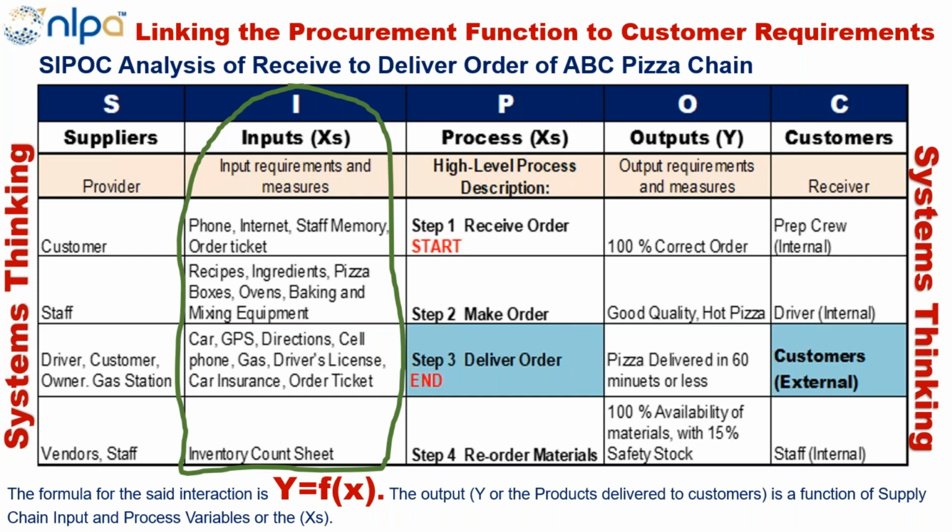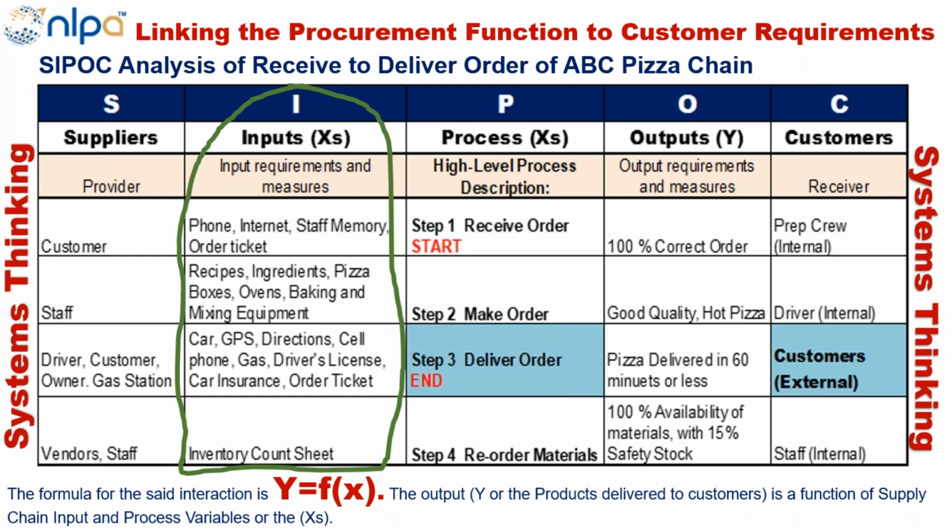The driver would supply and enable the logistics function, the delivery component, and of course, vendors or suppliers would deliver the critical inputs of ingredients, boxes, and other equipment, etc.